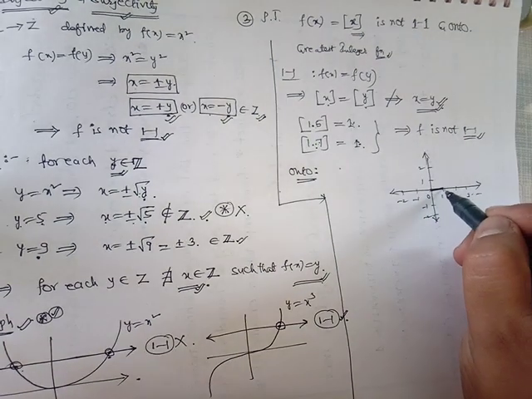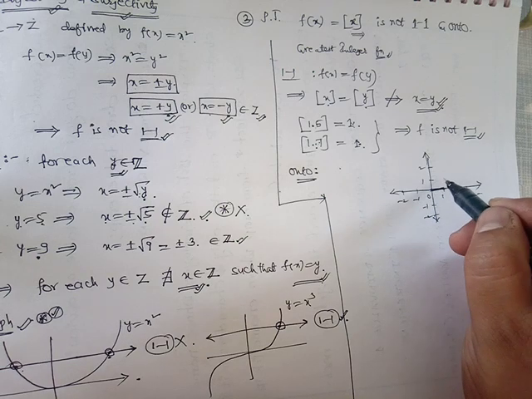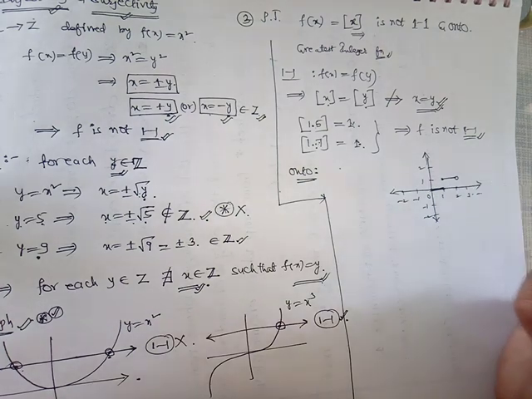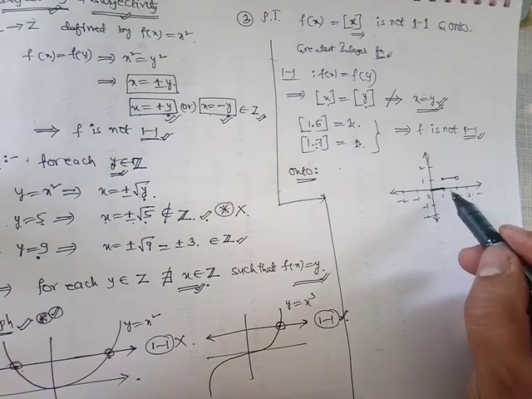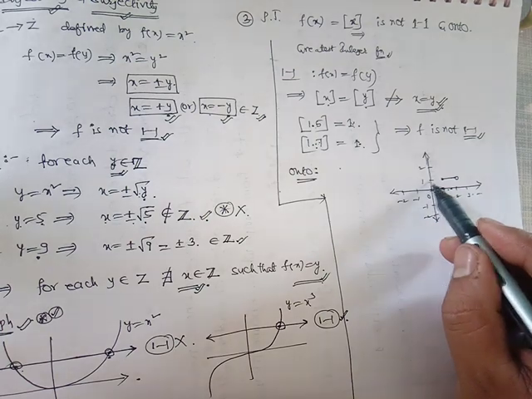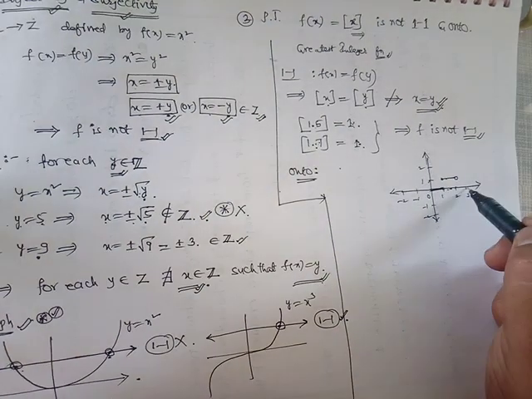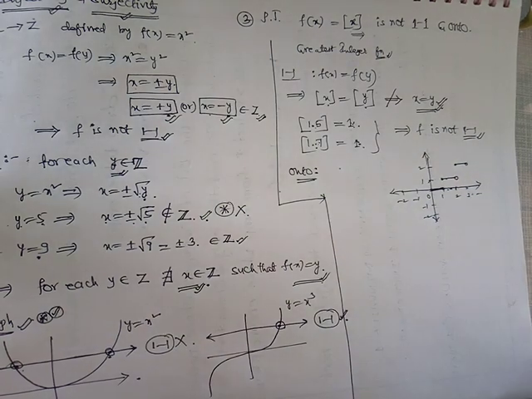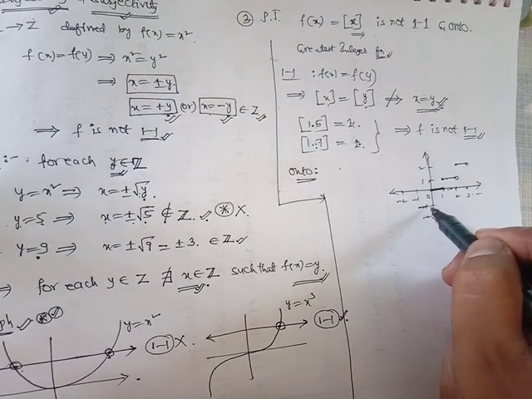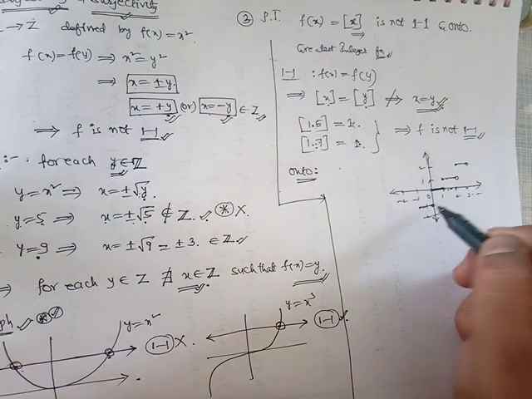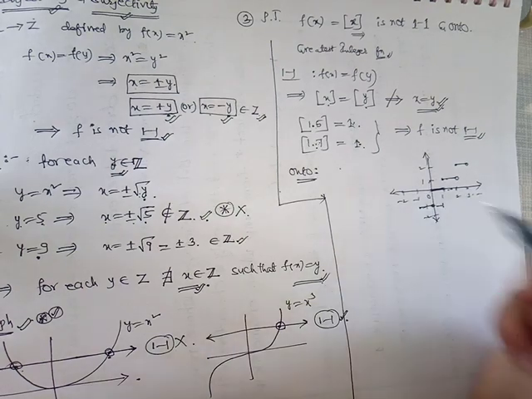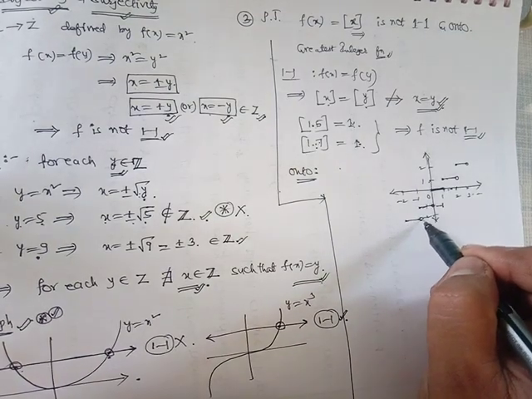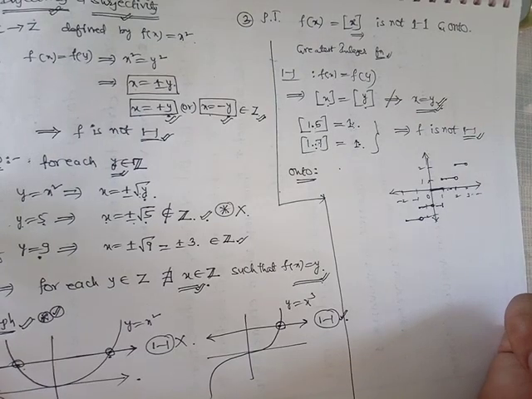From 1 to 2, at 1 it is 1, at 2 it is not taken. For 1.5, 1.2, 1.7 and so on, you will get the value as 1. And from 2 to 3, you will get the value 2. From minus 1 to 0, 0 cannot be taken, you will get the value as minus 1. From minus 2 to minus 1, the value is minus 2. So this is a general graph of the function.